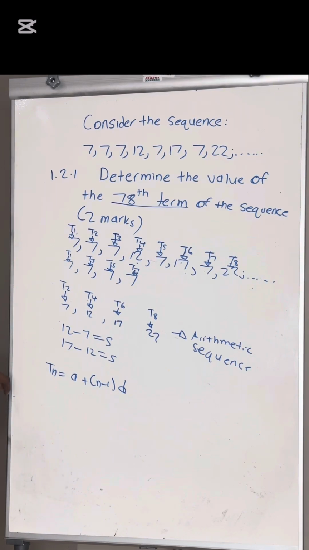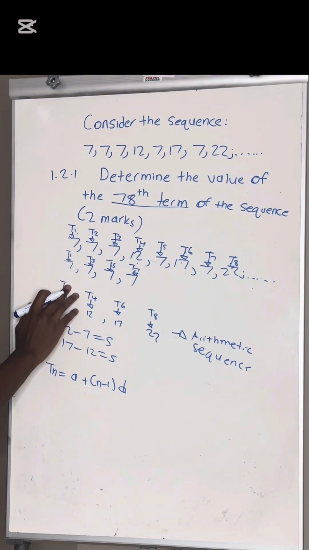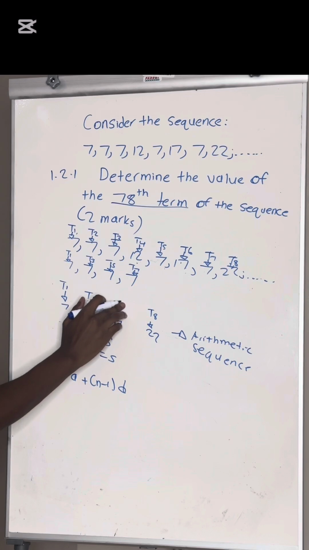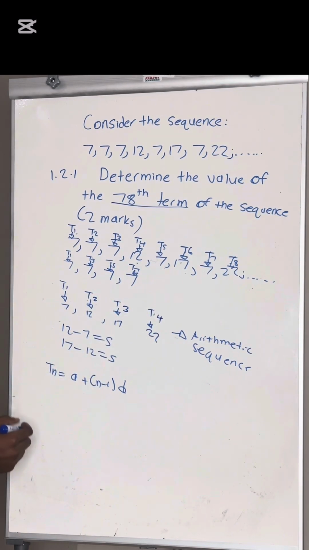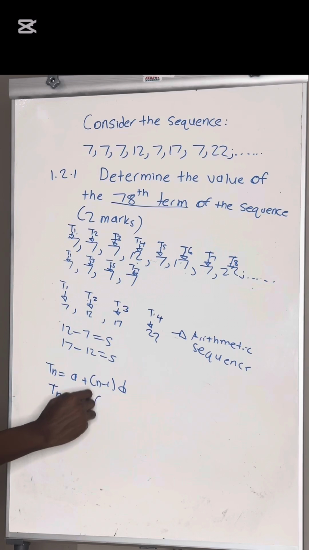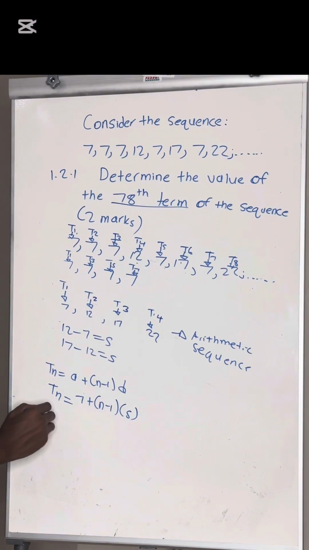Remember we said that this is term 2, term 4, term 6, term 8 of this sequence, but it actually forms a new sequence. So in this case, it's term 1 of the sequence, term 2, term 3, and term 4 of the sequence. So we have Tn is equal to a. Remember, a is the first term, so it's 7, plus (n minus 1) times d, our common difference, 5.